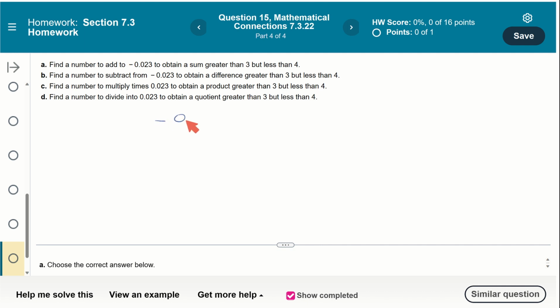So negative 0.023, we're going to add the number, and we want this sum to be less than 4, but at the same time greater than 3. So we set up an inequality like that. This is a form of compound inequality. It's really two inequalities lumped into one: 3 less than negative 0.023 plus x, and negative 0.023 plus x less than 4.